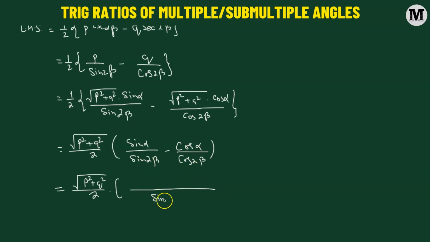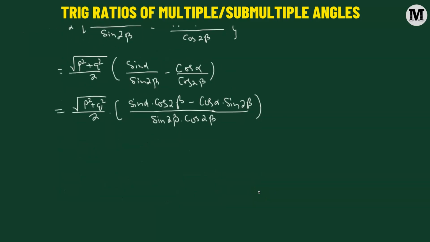The common denominator will be sine 2 beta multiplied by cosine 2 beta, and in the numerator we have sine of alpha times cosine of 2 beta minus cosine of alpha times sine of 2 beta. Fine. Now what we have is a standard formula.